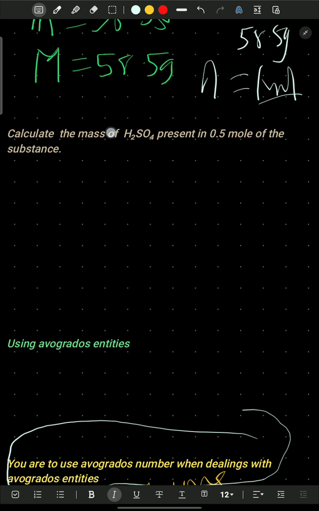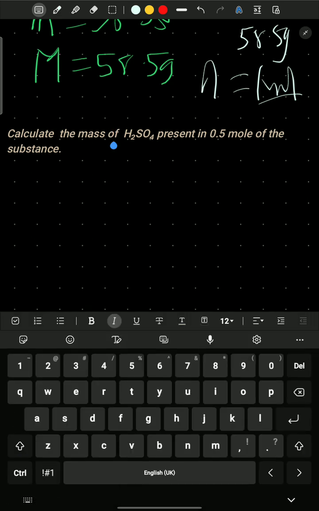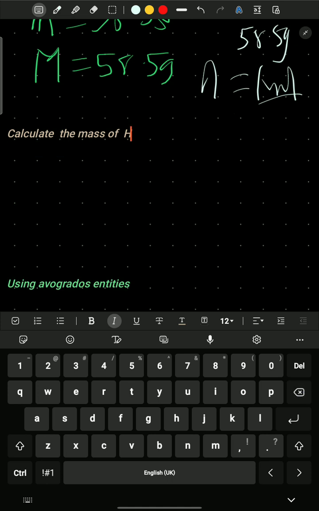So let's look at this question together. Let's say a question says, calculate the number of mole. I want you to look at this, it is not the same thing as calculating the mass. Take note.